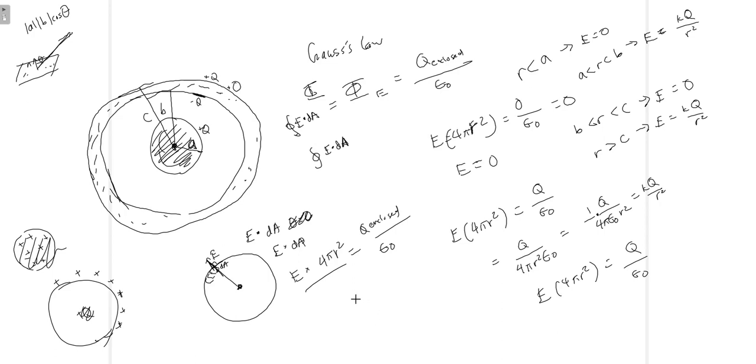Then next it asks to sketch the electric field as a function of R. So if this is R, this is the electric field. Say this is A, and then we go to B, and then C. It's 0 up to this point.